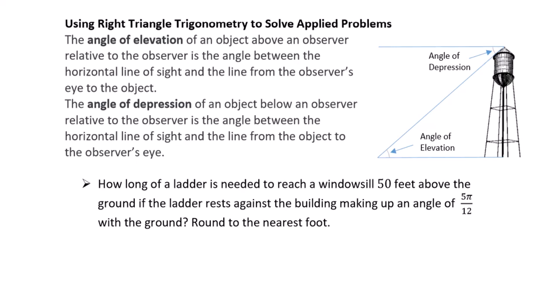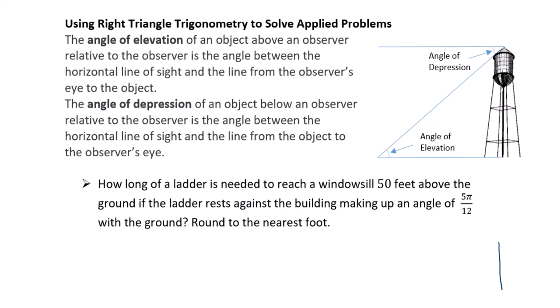How long of a ladder is needed to reach a windowsill 50 feet above the ground if the ladder rests against the building, making an angle of 5 pi over 12 with the ground? Let's round to the nearest foot. It always helps to come up with some kind of a picture.